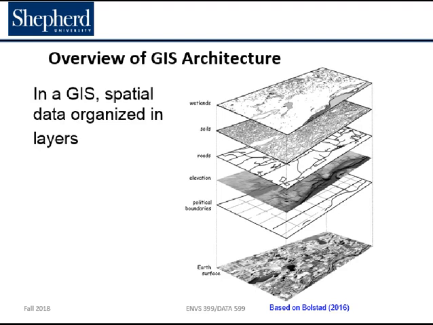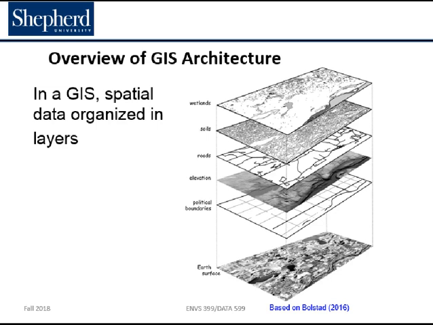Most conceptualizations view the world as a set of layers, as we see here in this slide. Each layer organizes the spatial and attribute data for a given set of cartographic objects in the region of interest. These are often referred to as thematic layers.